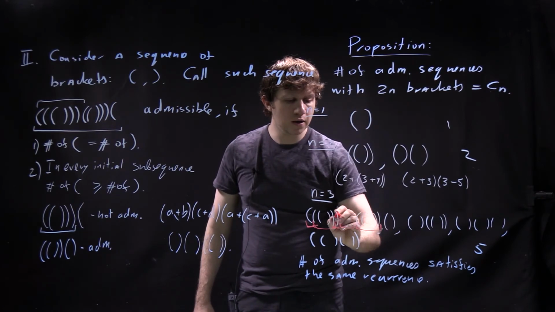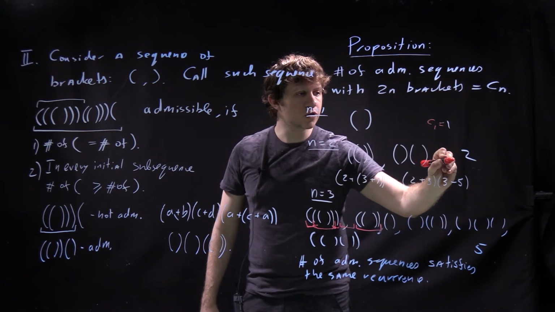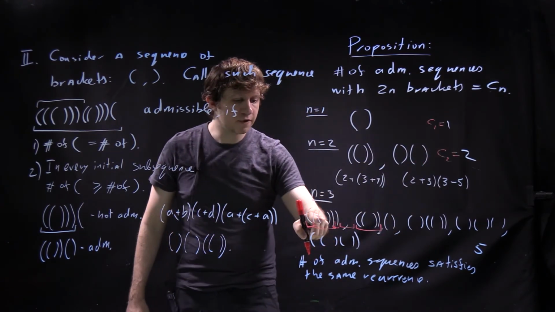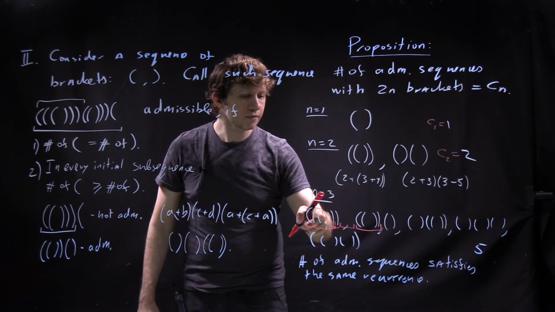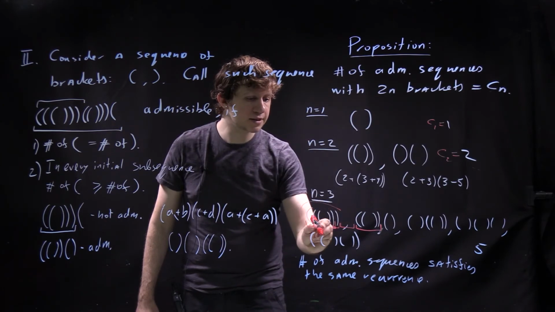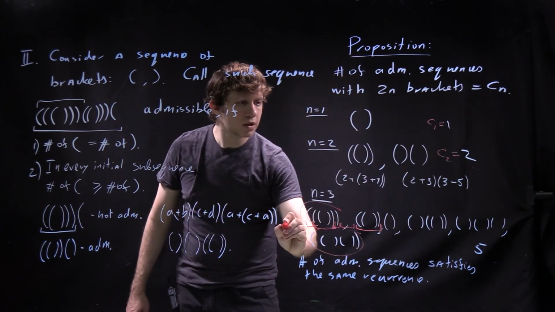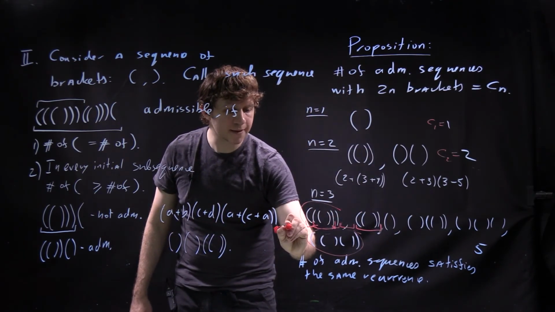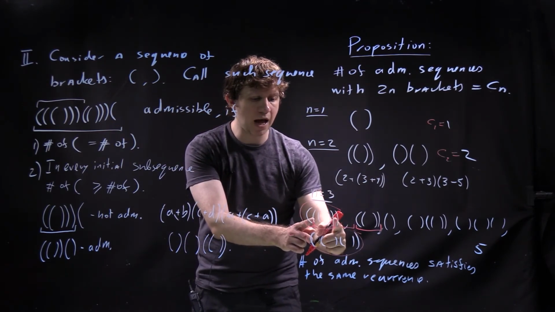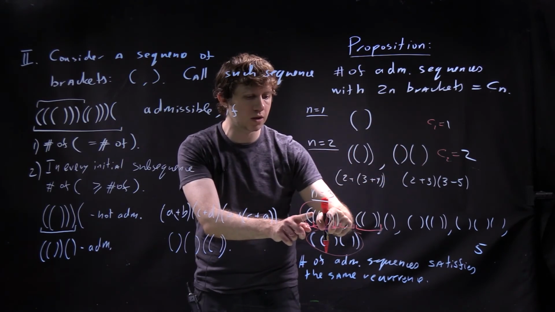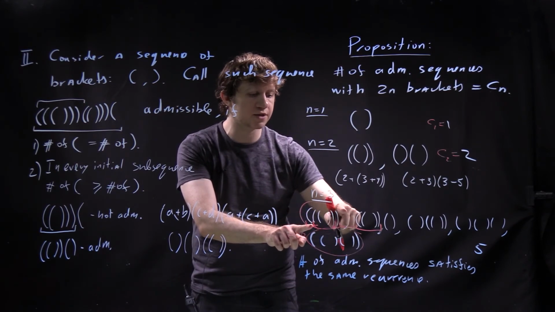So C1 is 1, C2 is 2, and here this term corresponds to C2 times C0, because inside of these big brackets we have two pairs, and there are two ways to write a word with them, and after this pair of brackets there is nothing.